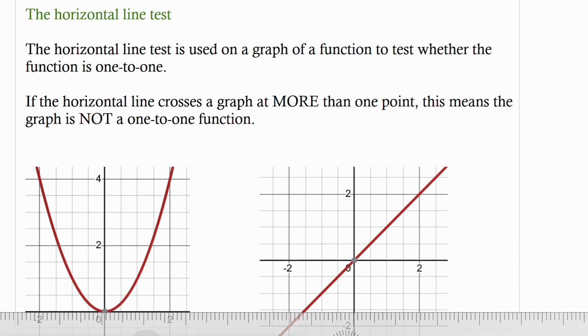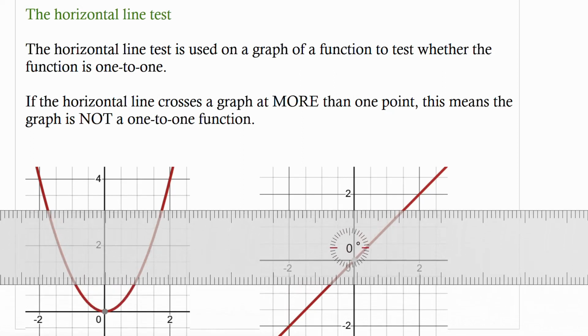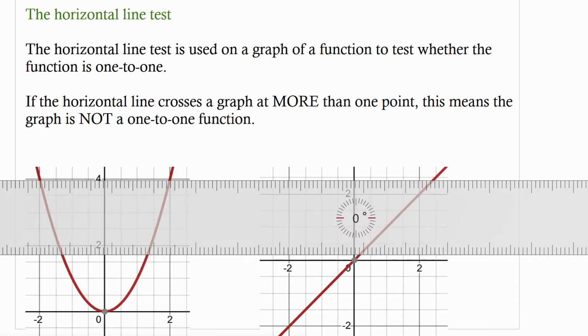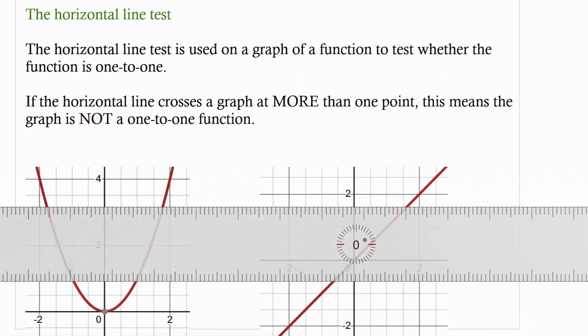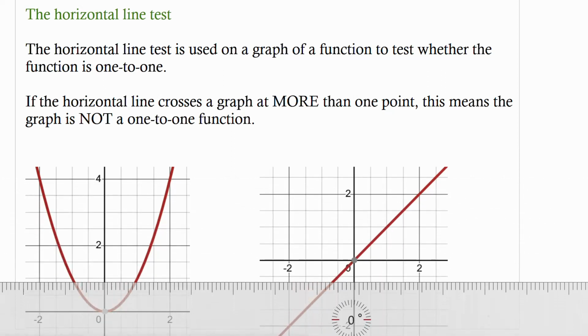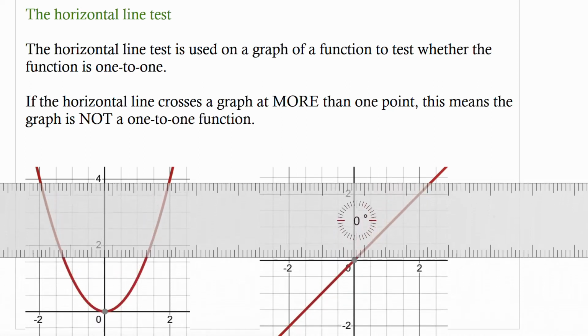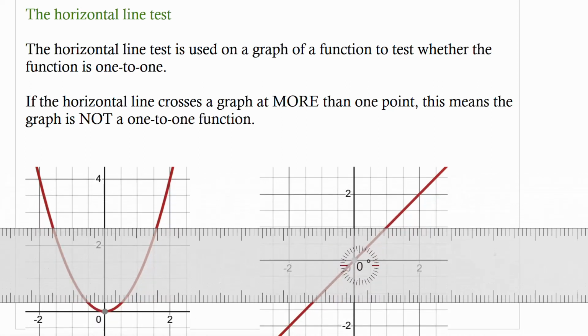As I'm going from the bottom to the top, we can see that it's touching at 2 spots. So we call that a many-to-one. And then if we go over here, we look at the one on the right, it's going up. The red line's only touching at 1 spot. So that is a one-to-one function.